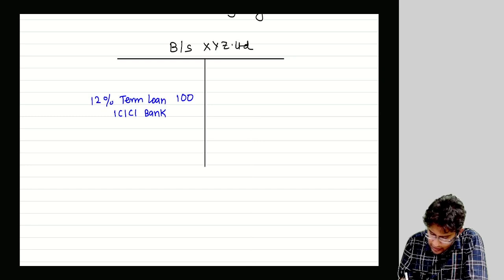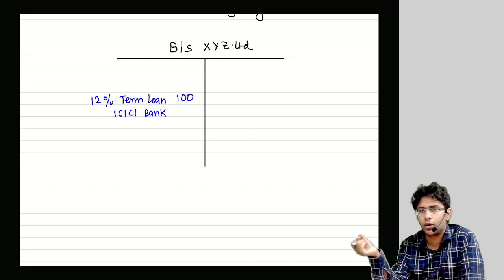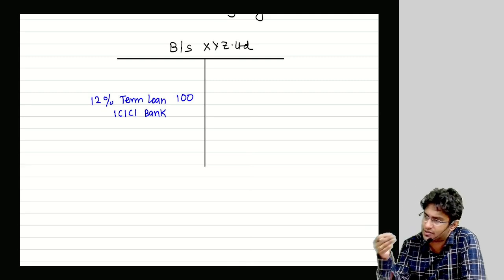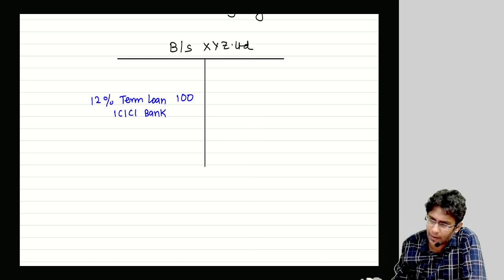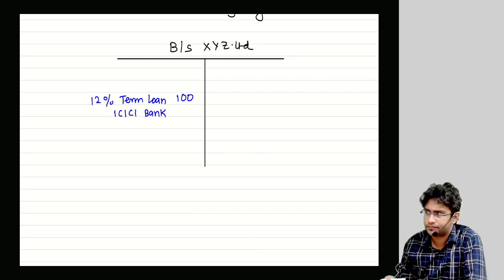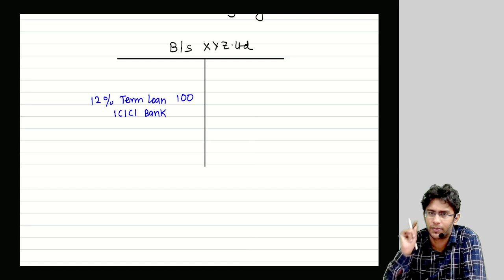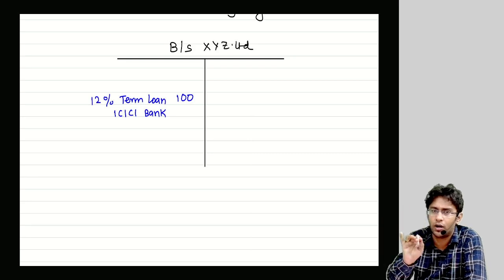Some 100 crores they have taken. Now, in a term loan, typically the company has to pay interest every year, and one day they also have to repay the principal amount. Correct? So who lent money? ICICI Bank. So the investor is only one person called ICICI, the lender, and you are the borrower. Our company is the borrower. The investor is a single party called ICICI Bank.